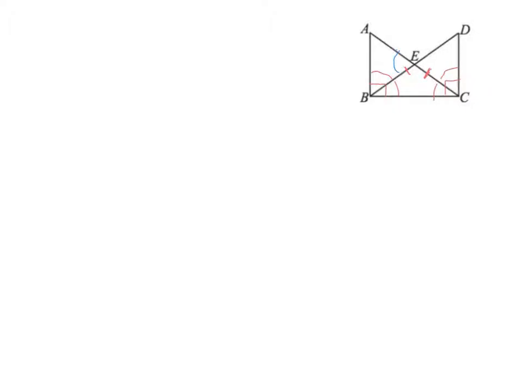I can say that these two angles are congruent because they're vertical. If you look back, what I'm trying to prove, let's get it in a different color here, yellow looks like a good color, is that triangle BEA is congruent to this triangle. So I already have angle and side, and I have an angle here and a side, but I need another angle.